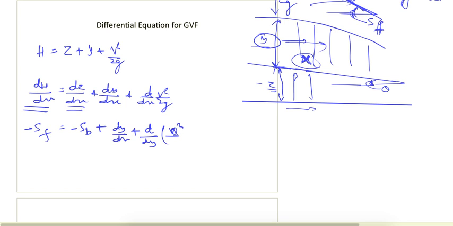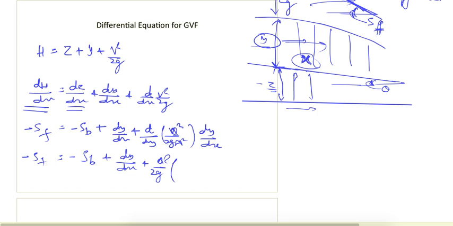In this we can write it as Q square upon g A square and then dy by dx. Now solving it further, the differentiation of this will be Q square by 2g and minus 2 upon A cube dA by dy into dy by dx.